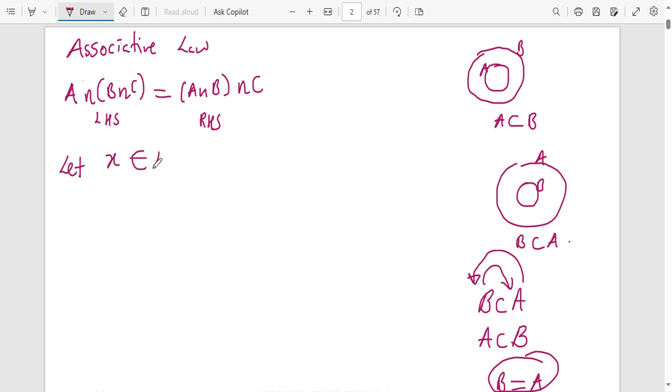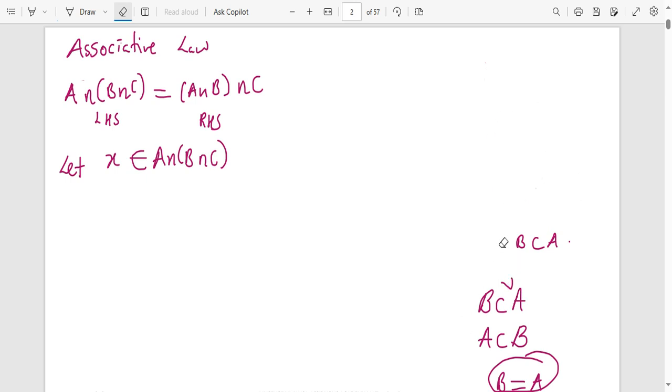So the set on the left hand side, that is A intersection B intersection C. So you can choose any letter that you want, but best to use X, right? So we want X to be a member of the set on the left hand side. Now the meaning of this is, if X is a member of, now there are some terms that you need to know the meaning of the word and in sets.